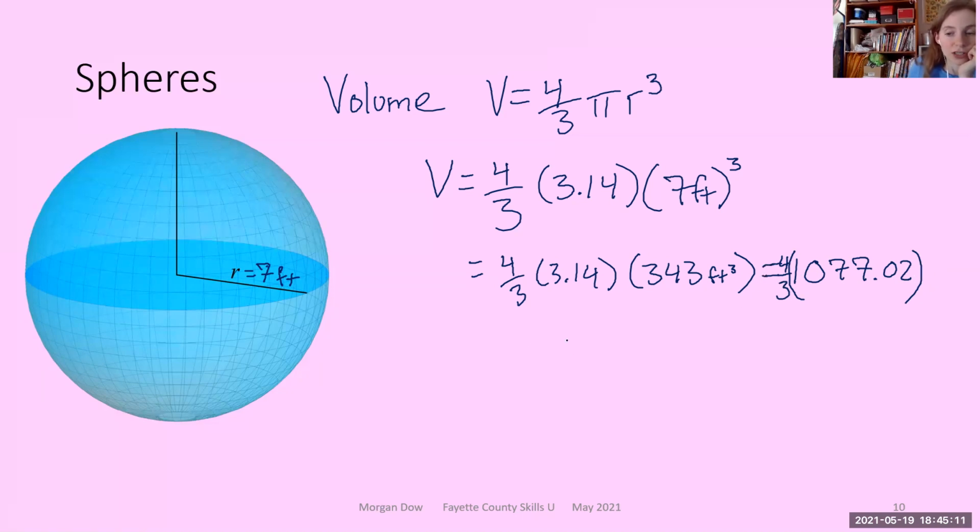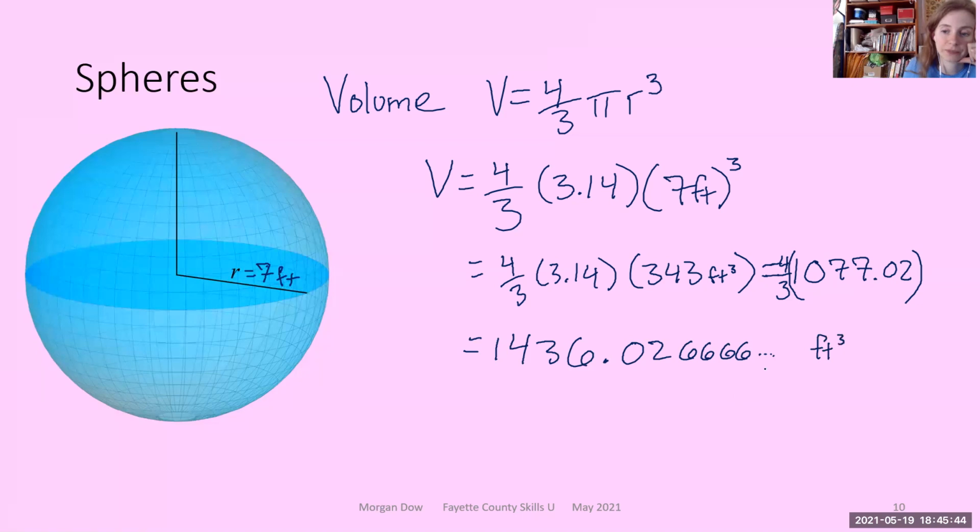Okay, and then 4/3 times 1,077.02. I'm going to multiply it by 4 and then divide by 3. So I get something with a repeating decimal at the end, so I'm going to have to round this, but I'm getting 1,436.0266666. It's repeating, the 6 is at the end there. And that is cubic feet.